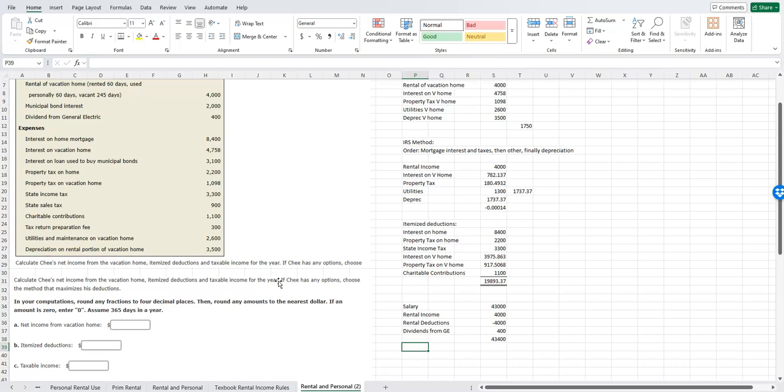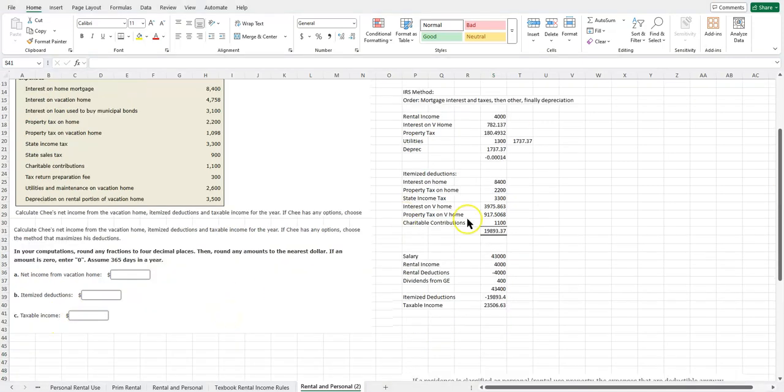So we should take the itemized deductions because that's better than standard. So taxable income should be $23,507 if we round, and that is the correct answer.